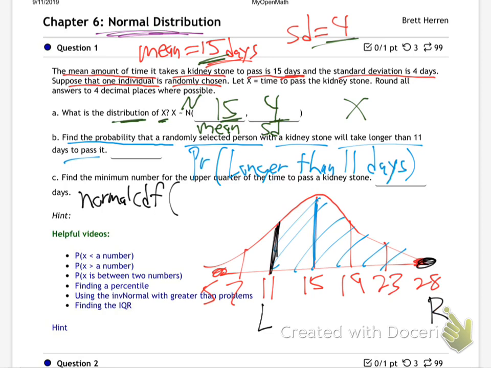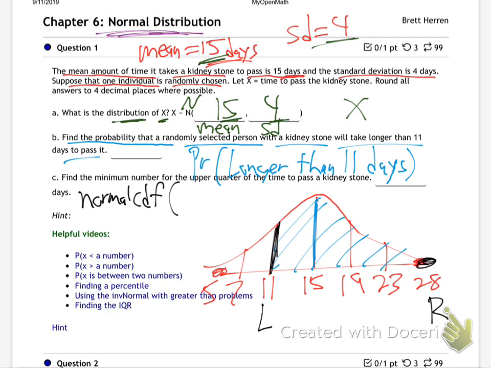On every one of these problems, we're going to draw a bell curve, and we're going to shade a chunk according to what they say. How did I know to shade from 11 to the right? Well, because they said longer than 11. Bigger stuff is to the right, huh? So I went 11 and shaded to the right. If they said less than 11, I would have done 11 and shaded to the left.